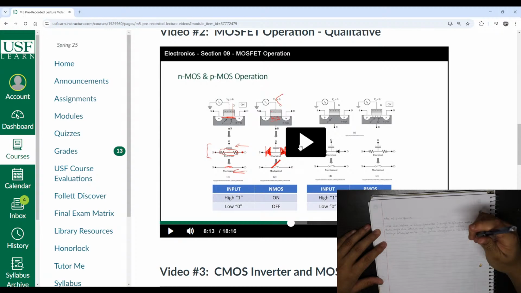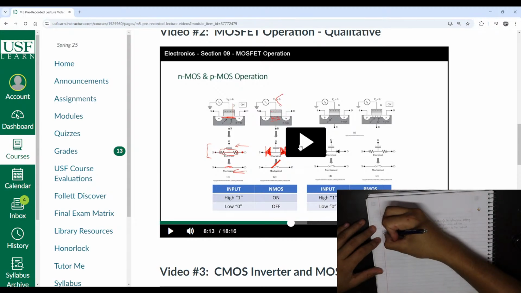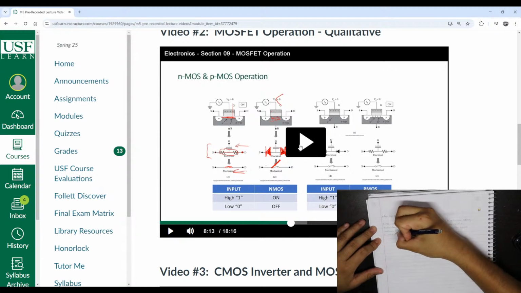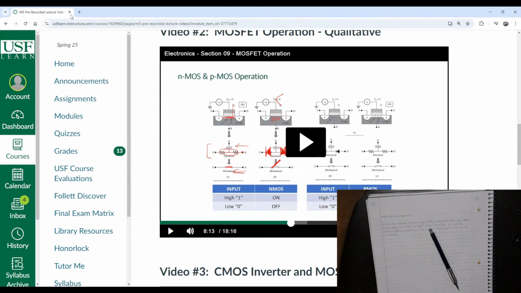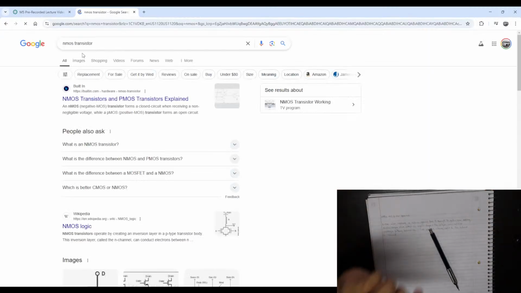What is the thing? What is the D called? Source and what? What the freak? Source. Resistor.